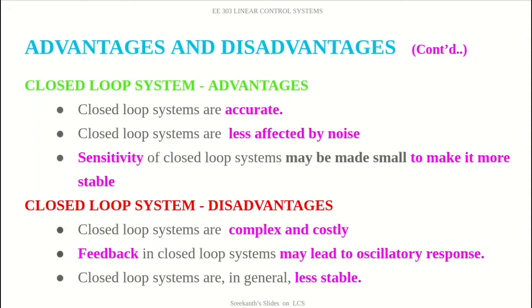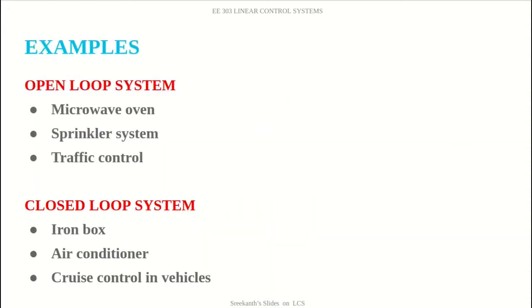Now let's look at a few examples. Microwave oven. I'll say what is the input and what is the desired output and how it becomes an open loop system. For a microwave oven, the desired output is a specific point to which the food has to be cooked, and the input is the timer that we set in the microwave oven.